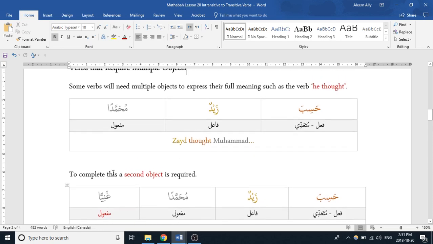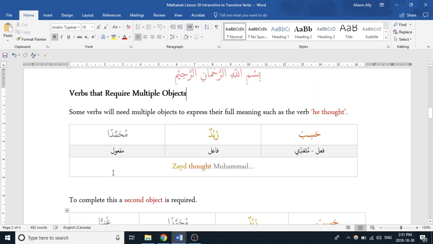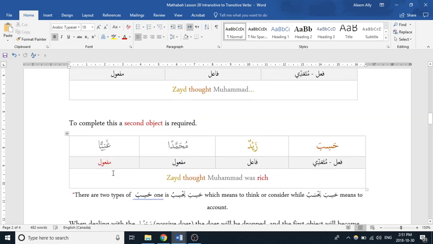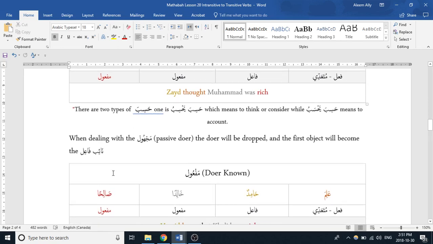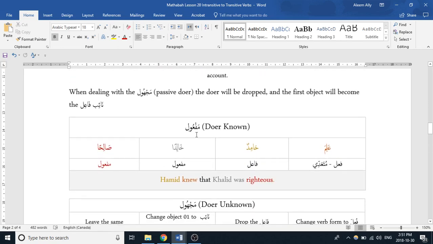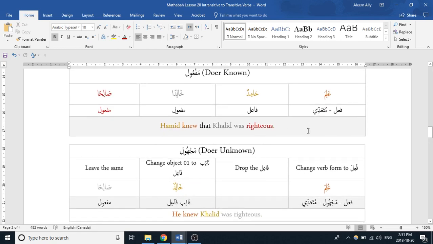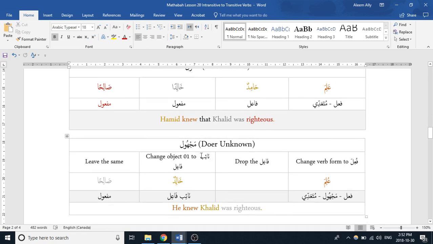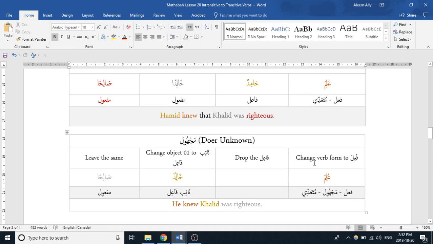And this is looking at it when we know who the doer is. In the case where we don't know who the doer is, and it becomes majhul, which is a passive doer, this would be the step that we'd follow. So let's take the example of Alima Hamidun Khalidan Salihan, which means Hamid knew Khalid was righteous. If I want to turn this into the majhul form, all you have to do is change the verb form first to fu'ila, so it becomes ulima.